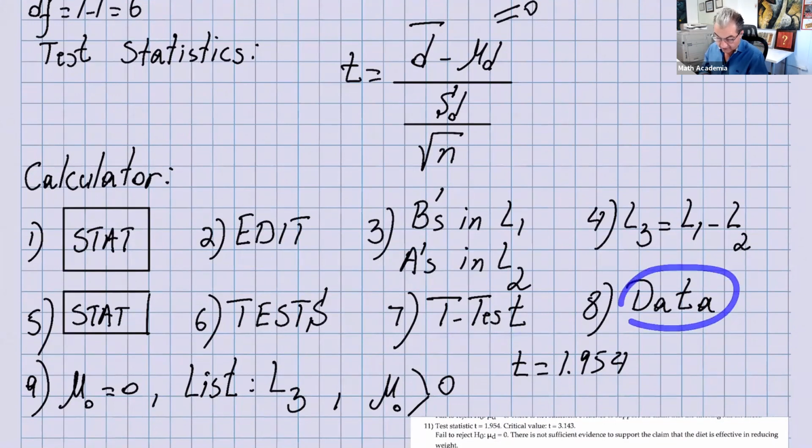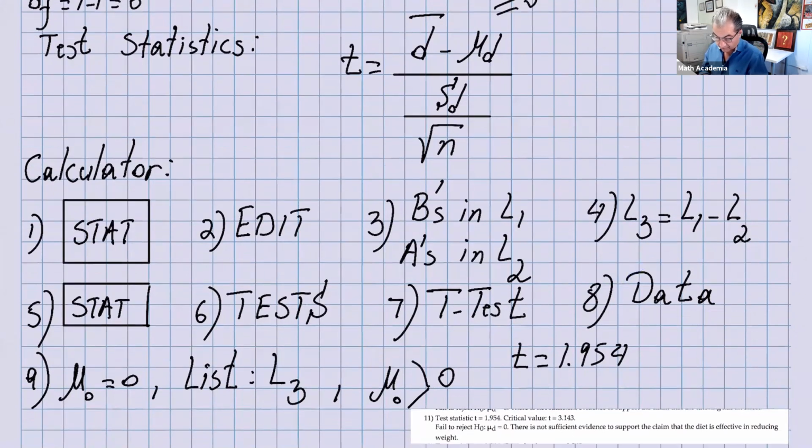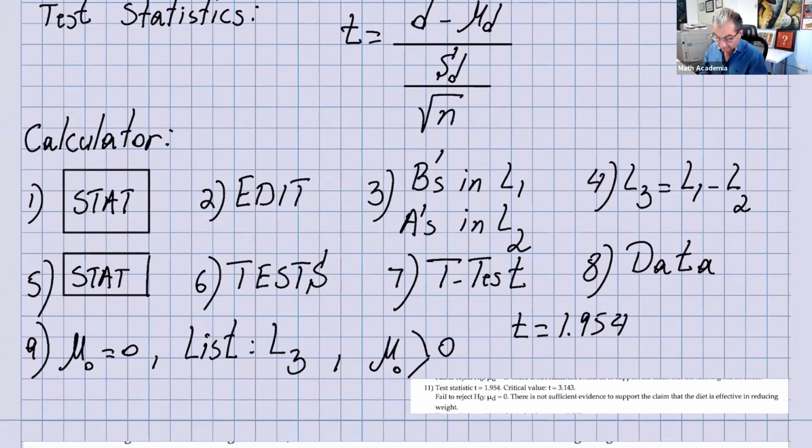Pick data. Your data is in L3. Don't forget, and I put it for you. The value in the claim is mu sub d 0. And pick L3 and pick the third claim, which is mu greater than 0. And the calculator will give you this answer, 1.954.